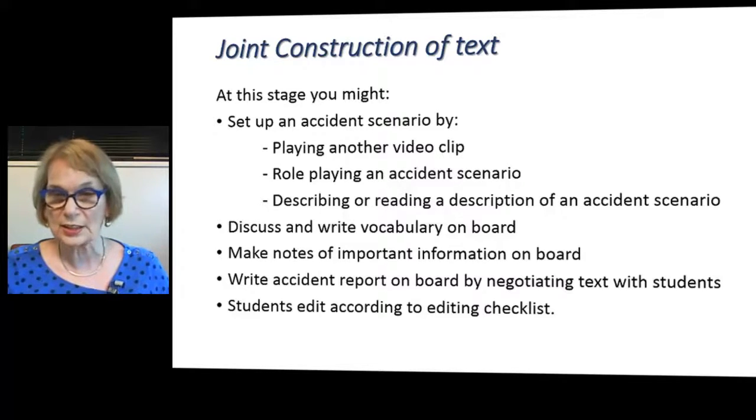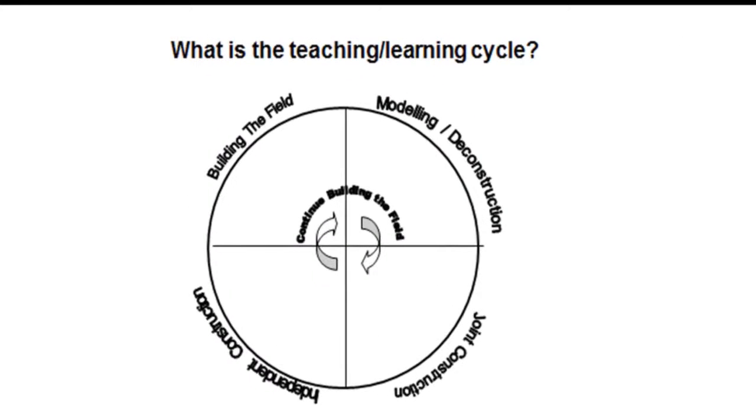Now I'll talk about that at the end, but the students need to know all the way through what the criteria are that you think a good text looks like. Okay, so we've done the joint construction, and this is possibly your formative assessment stage also. While you're doing it all together, you can get an idea of whether they've really got the message about what the text feature should be. And if not, you might need to move back to do a bit more deconstructing of an earlier text.